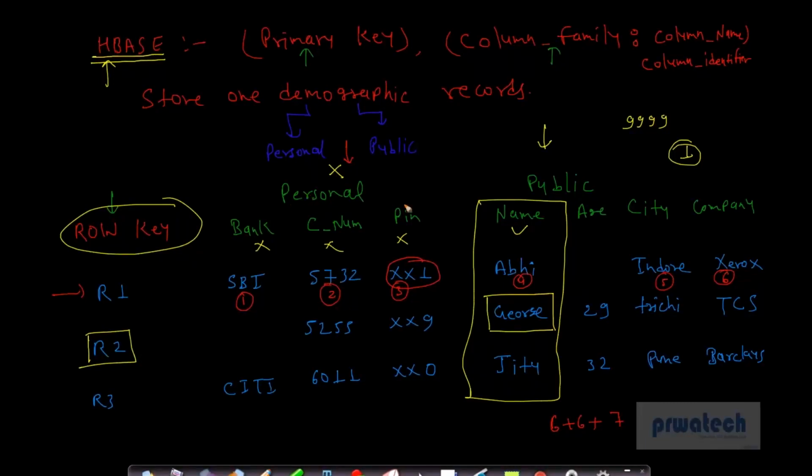And then in personal, there is just one column identifier with the name PIN. It will not check or scan these two columns, unlike RDBMS. It will not even check this column family and none of these column identifiers. It is only and only checking this PIN because this is what internally it is doing. It will run the query on this and bring me data which is matching with R1 in my console.